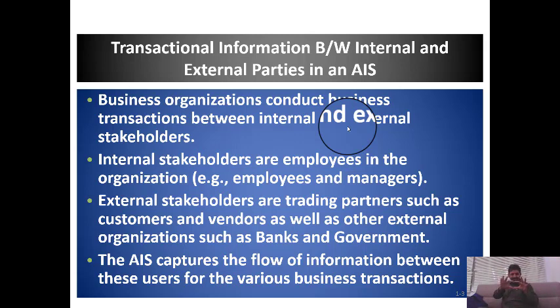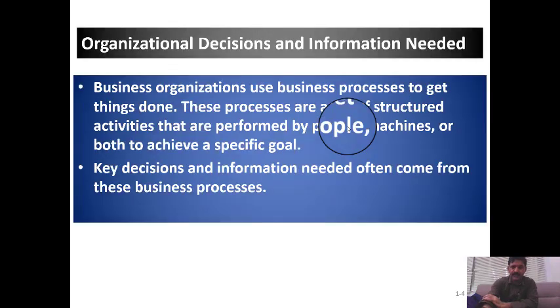It captures the deal, stores the deal, collects the deals. The deals take place, but they should be collected in the form of data by the accounting information system. This is a simple topic, and I'm not going to give more time to it because you studied a lot about this.